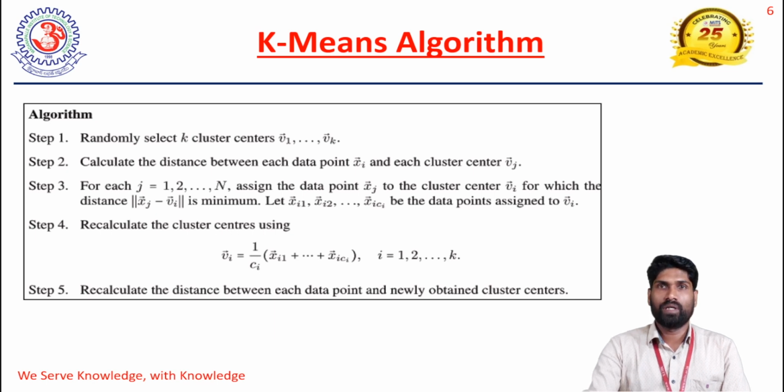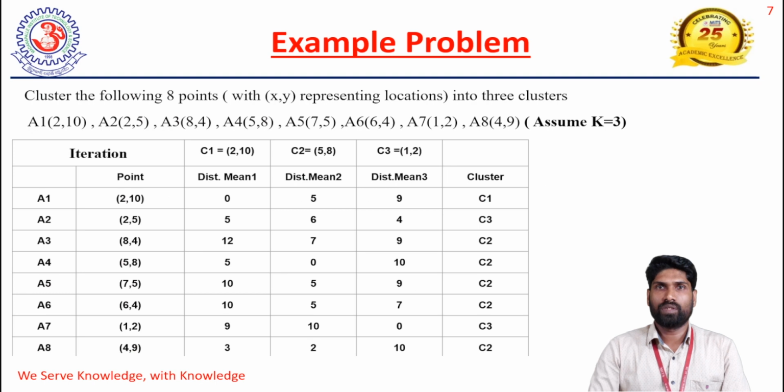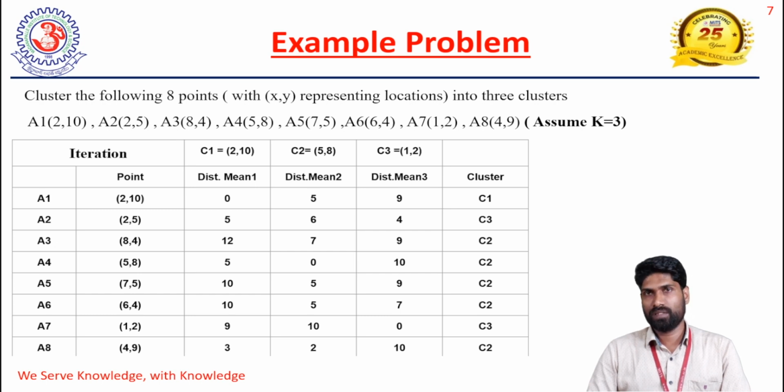It may not be that simple with real-time data, where maybe more features will be there. Here we are taking only numerical data, and only 8 points, with the assumption that we want to form 3 clusters. So k equal to 3 is what we assign here. I'm reading the points again.